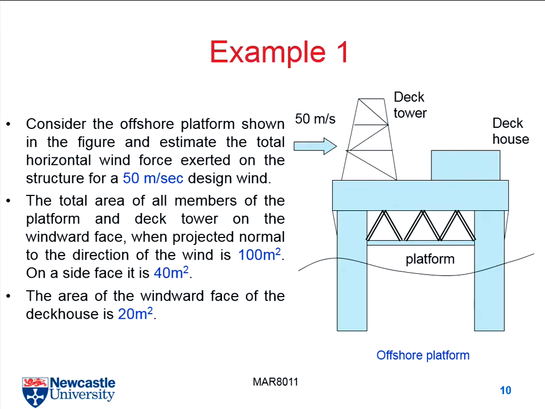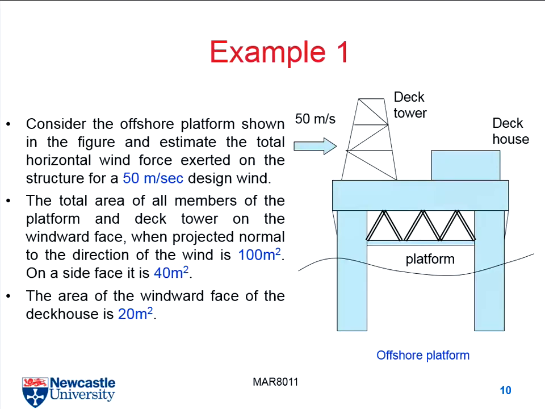So, again, another problem is because they have different features. For example, for this structure, you can see that it's a porous one. Wind can just go through. And for this structure, again, it's a porous one. Wind can just go through. But for this deck house, of course not. Otherwise, you can't stay in that house for accommodation.